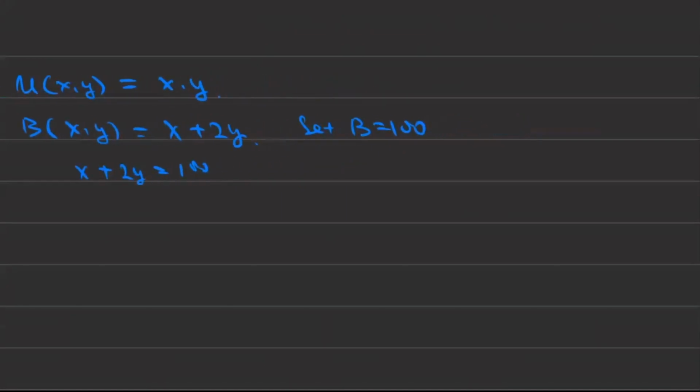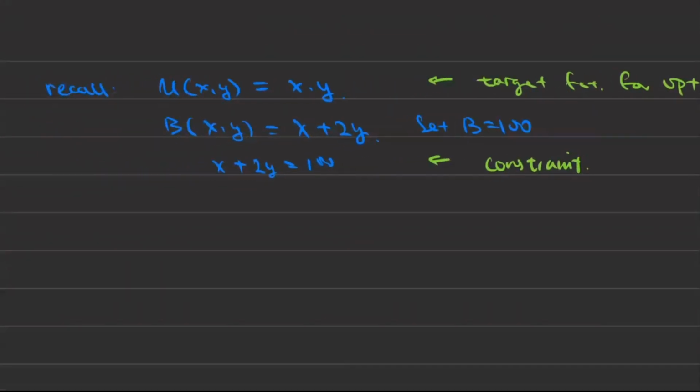So here, let's write that out. This first equation is our target function for optimization. And this last equation here is the constraint. So those are the two functions that we need to plug into the Lagrange multiplier.